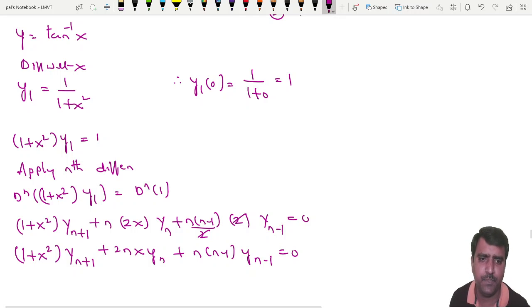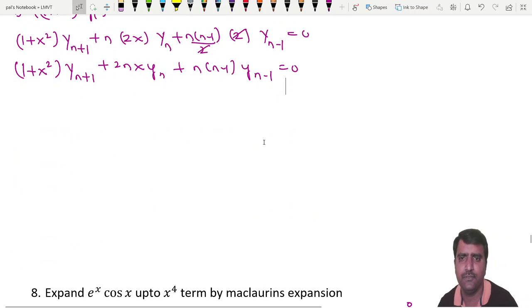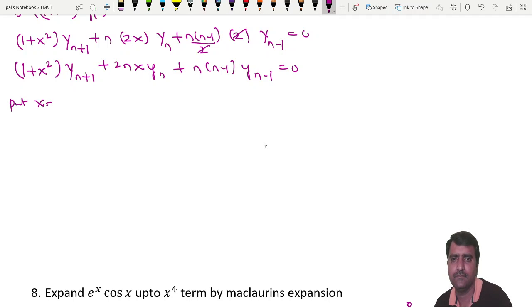Now just put x is equal to 0 in the above expression. So then it becomes yn plus 1 of 0. If you put x is 0, the second term is 0. Here 1 plus 0 square is 1, so 1 into yn plus 1 of 0.